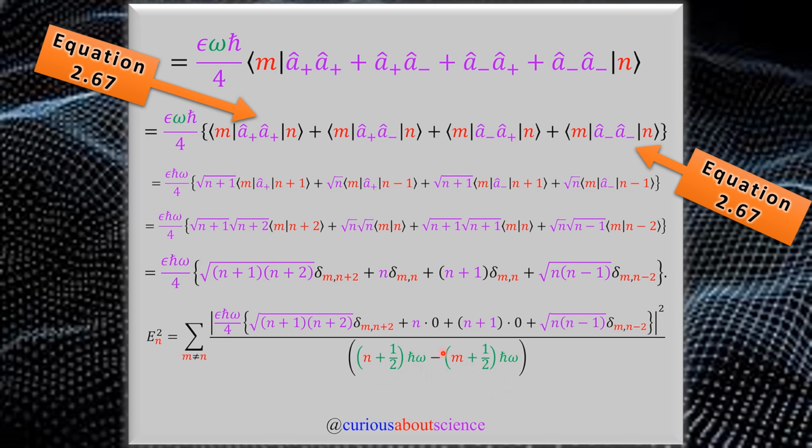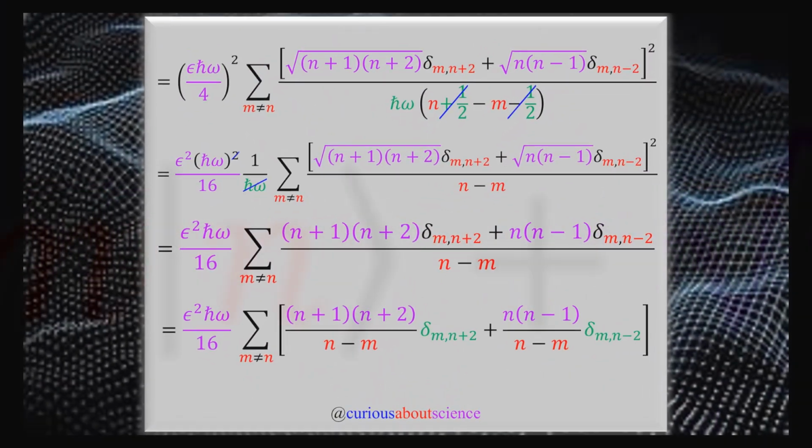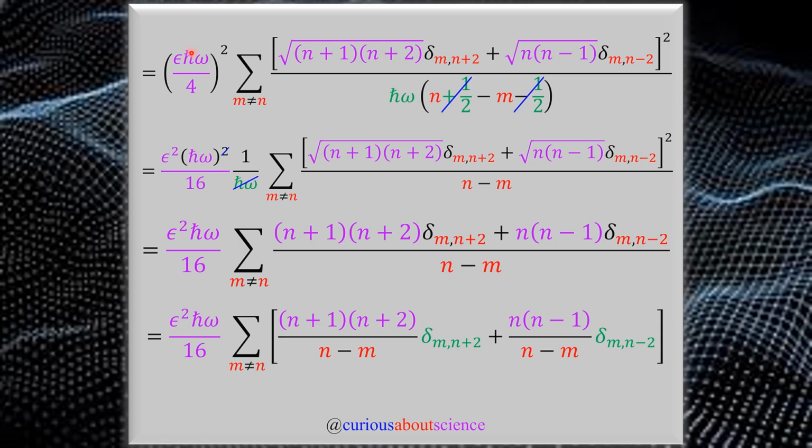Of course, we have our energy hiding down here. We'll factor that h bar out, and then we'll also bring this outside the summation, so it should calm down and cancel out pretty nicely. Let's see how we can finagle this. All right, so we bring the epsilon h bar omega over 4 out, but again, remember we're squared because we had the magnitude squared in there.